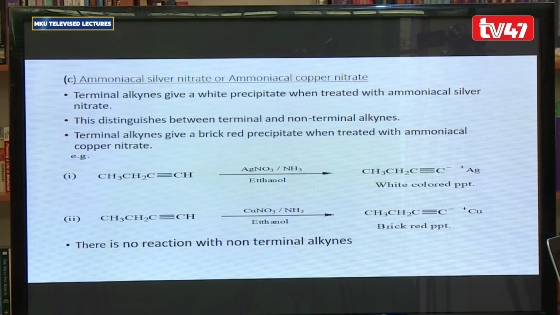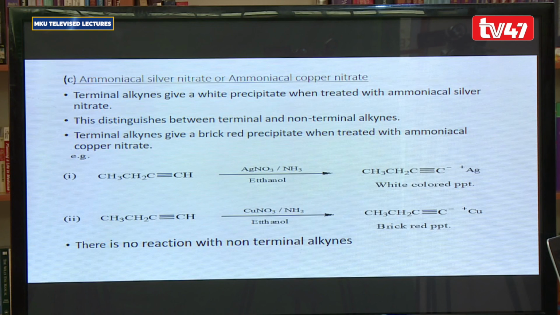In the presence of ammoniacal silver nitrate, terminal alkynes will give a white precipitate when treated with these reagents. This is because of the formation of organometallic triple-bonded compounds, where the metal in the solution joins at the position of the triple bond, giving the white precipitate.